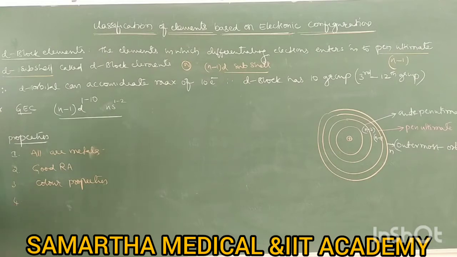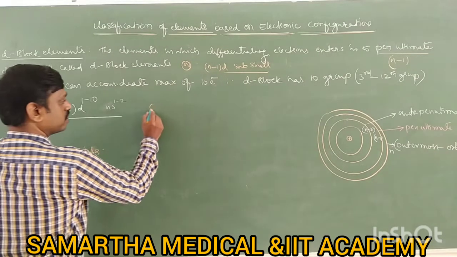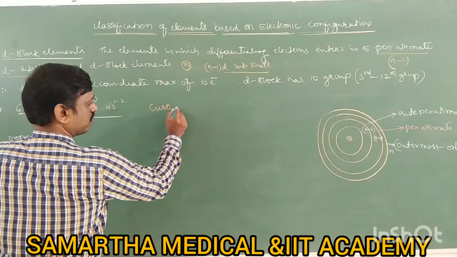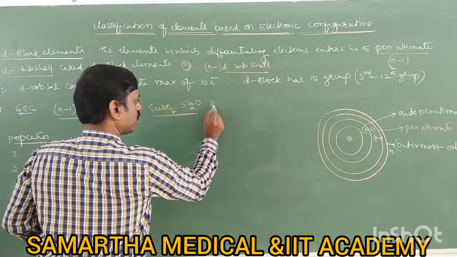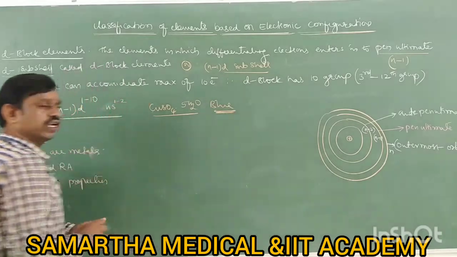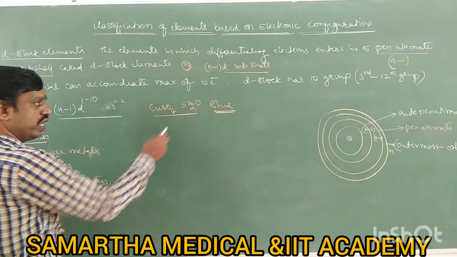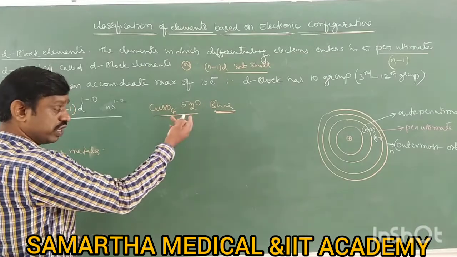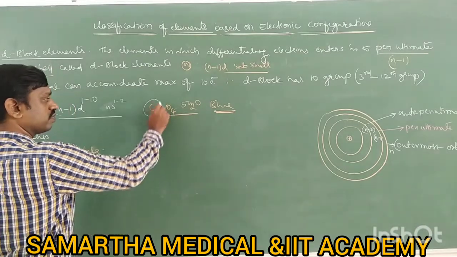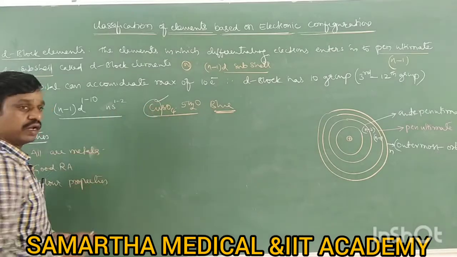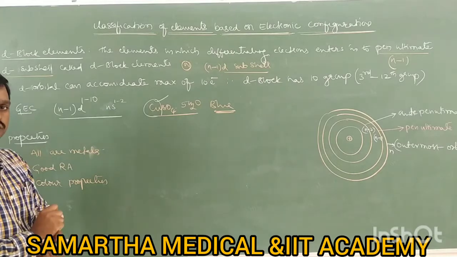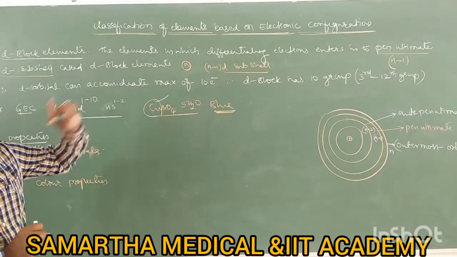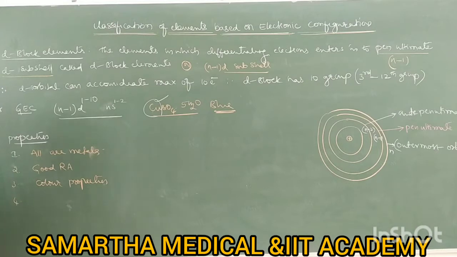For example, copper sulfate pentahydrate, CuSO4·5H2O, is a dark blue crystalline solid. Why is it blue? Because of copper. This copper is a d block element. Therefore most of the d block element compounds are colored because of d block elements.